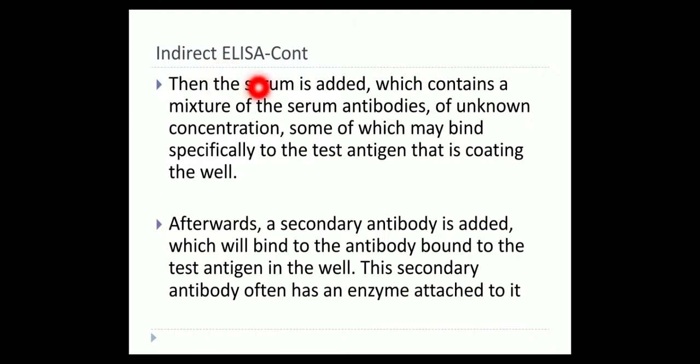Then the serum is added, which contains a mixture of serum antibodies of unknown concentration, some of which may bind specifically to the test antigen that is coating the well. Okay, guys, after that the serum containing antibody of unknown concentration that we are about to find is added in the well.